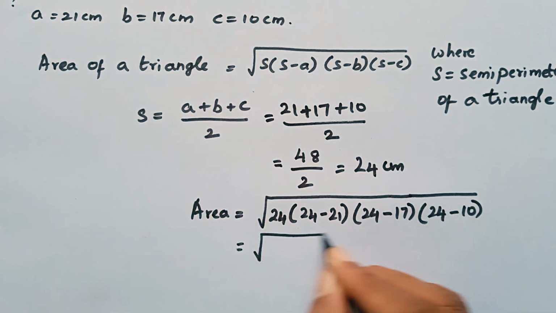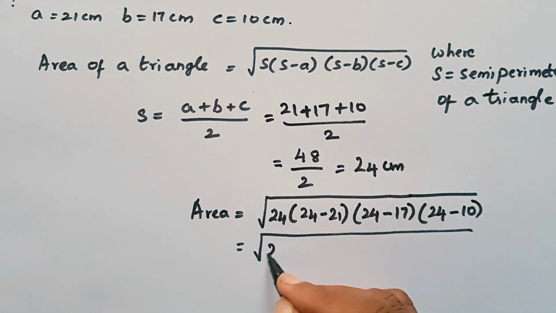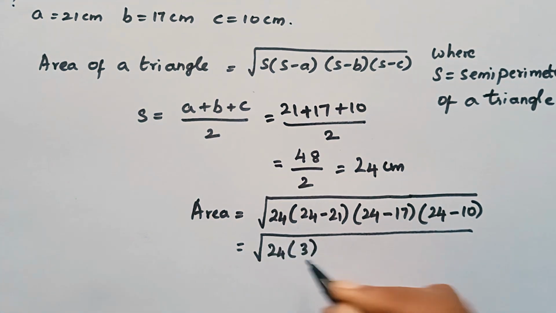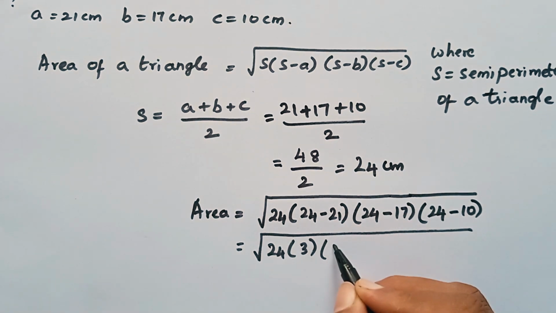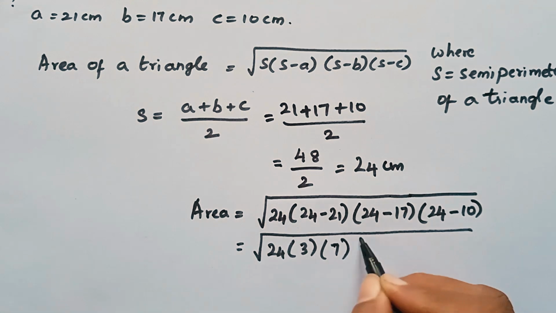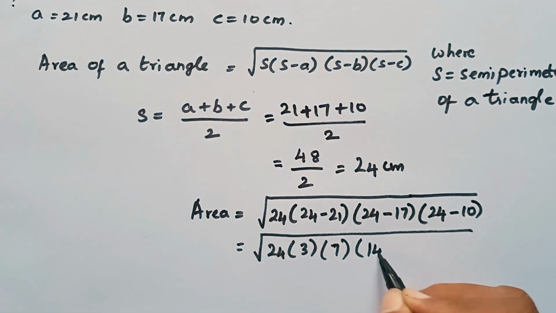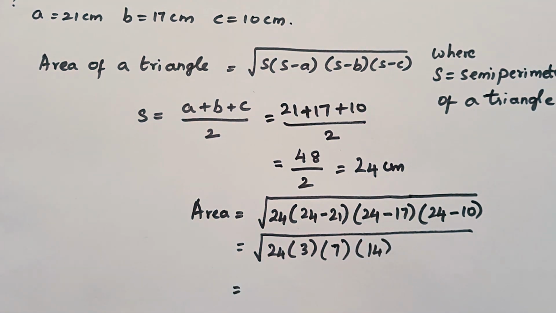Now first subtract: 24 minus 21 is 3, 24 minus 17 is 7, 24 minus 10 is 14. Now to find the square root of this number is somewhat difficult.